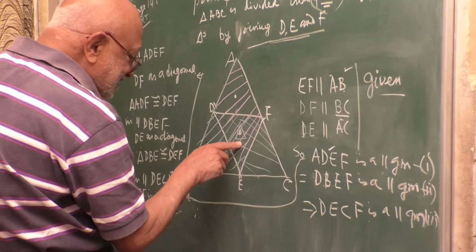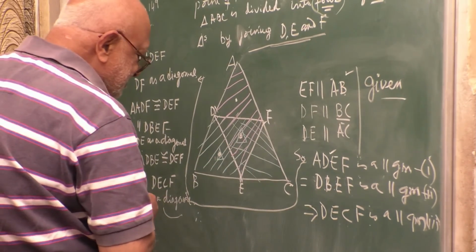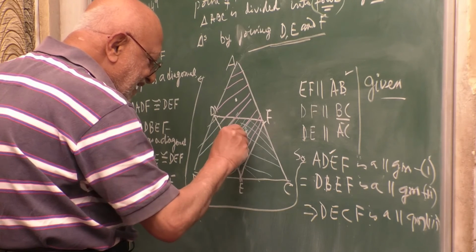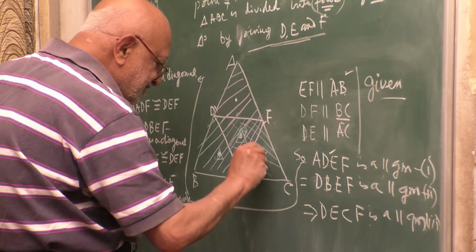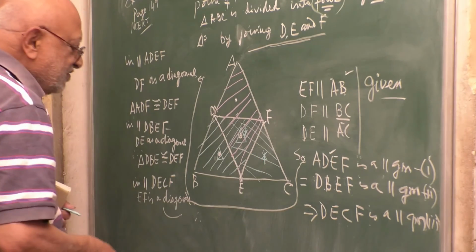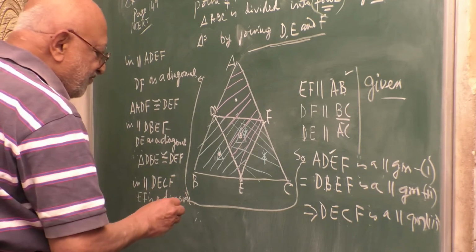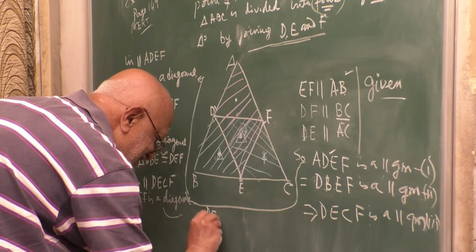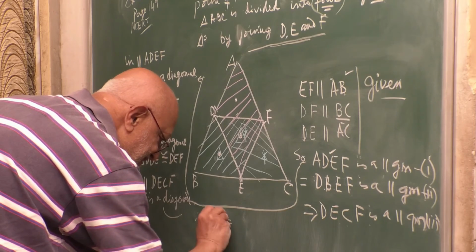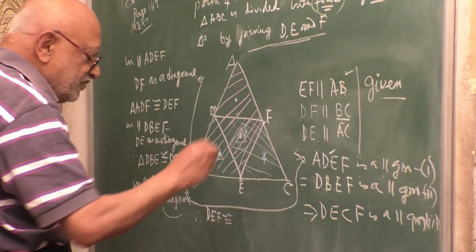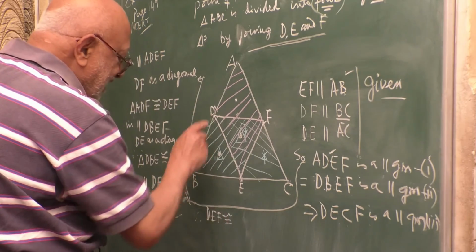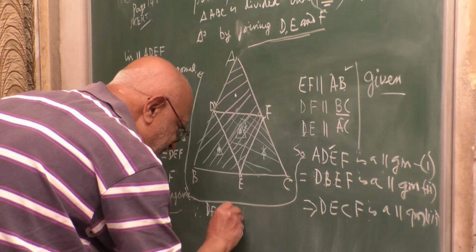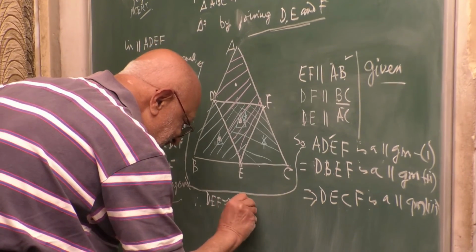Then again, it is a central point, and these two triangles. So I will put again here a star, and here a star. Okay, I will call then DEF, again DEF, is congruent to, I start with D, corresponding is F, then F, EC.